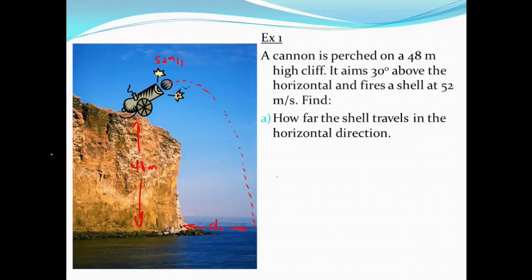Okay, so if we want to label the angle, we simply draw a horizontal line right across, so it's at the bottom of the cannon, and this angle right here, according to the question, is 30 degrees. So it looks like a type 2 problem, however there's this additional height at the end that it has to fall, so it's got a different component than what you've seen before.